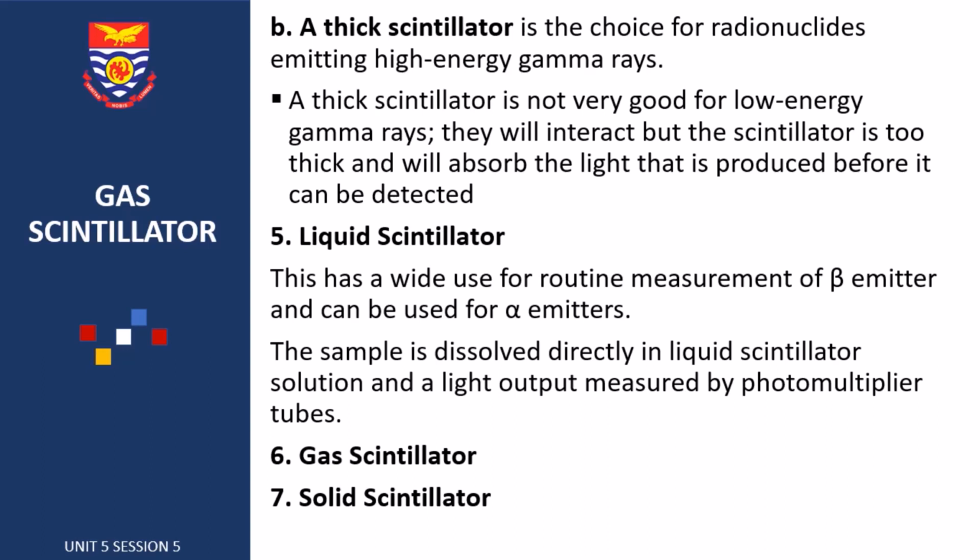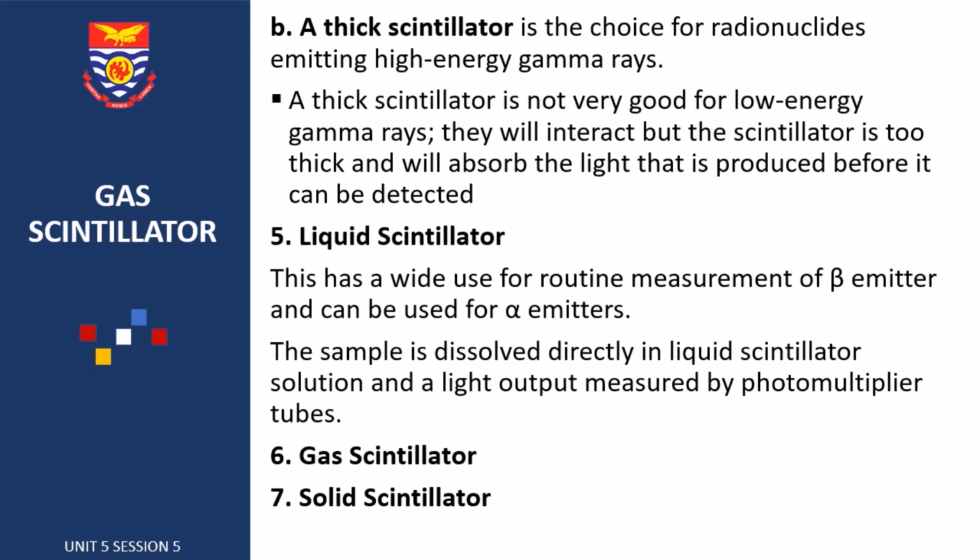A thick scintillator is mostly the choice for radionuclides emitting high energy radiations, and it's not good for low energy radiations because the gamma rays may be absorbed by the scintillator, but the scintillator may be too thick for the light that is produced to pass through to be detected.